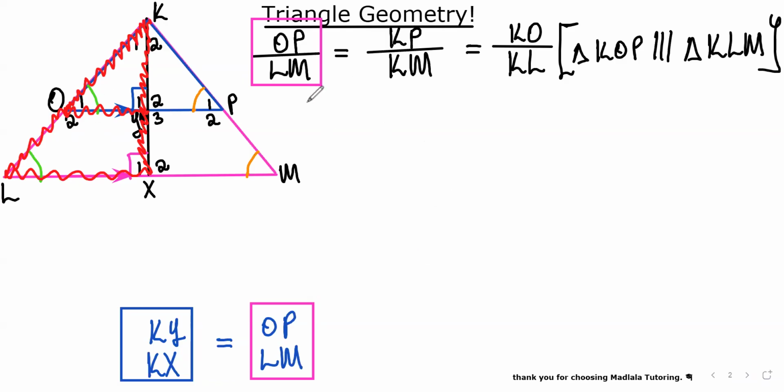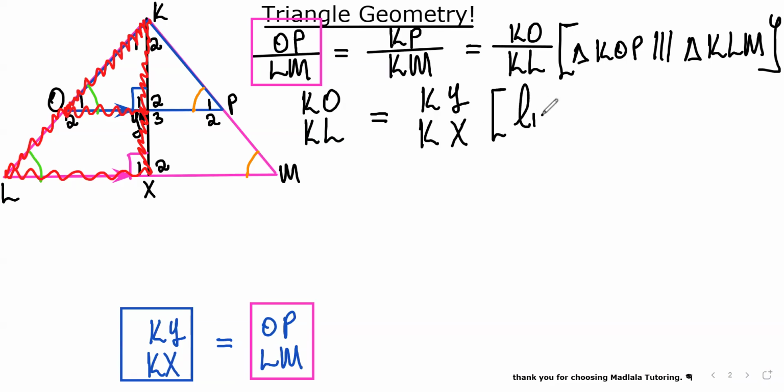If you now go on and say KO over the entire thing, which is KL, must be equal to KY over the entire thing, which is KX. And then you can state that you got this from the proportionality theorem.